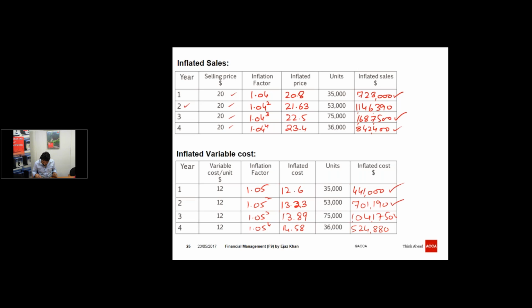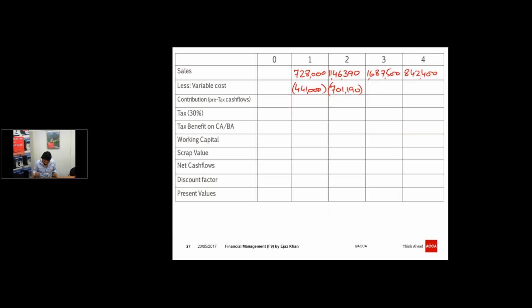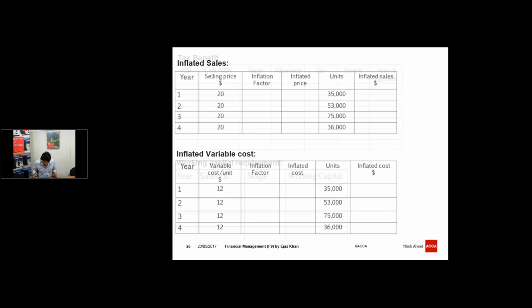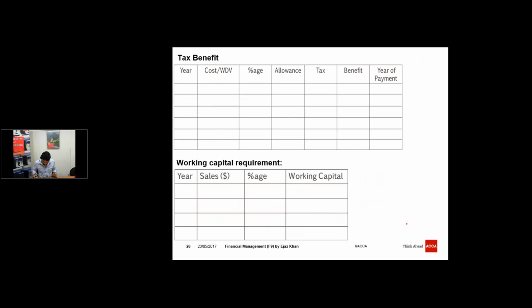Then we have 104,1750. Year four, it's 524,880.